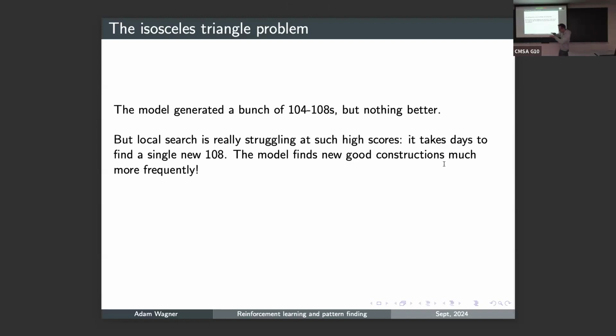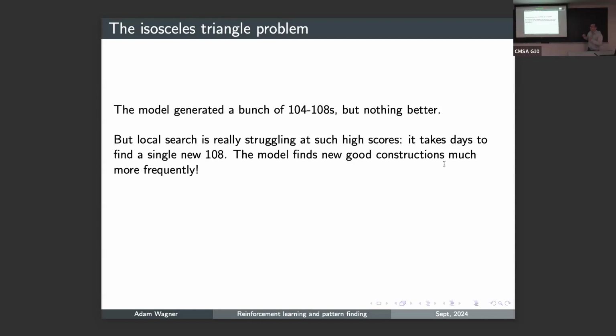Initially, when we only had a couple of good constructions, that wasn't the case. Then eventually, once the database was bigger, it started outputting 108s at a faster rate. And after we crossed some kind of threshold, this method was giving us new constructions at a significantly faster rate than before.